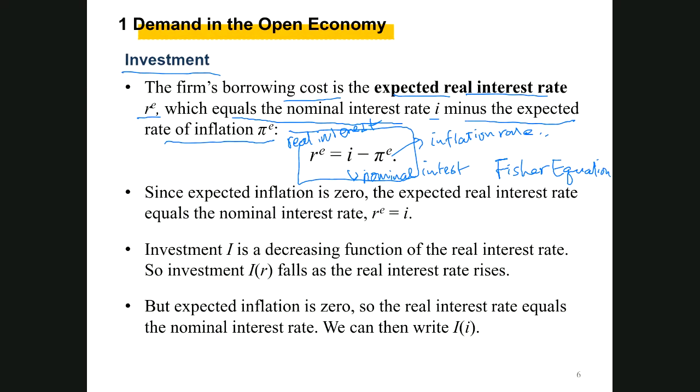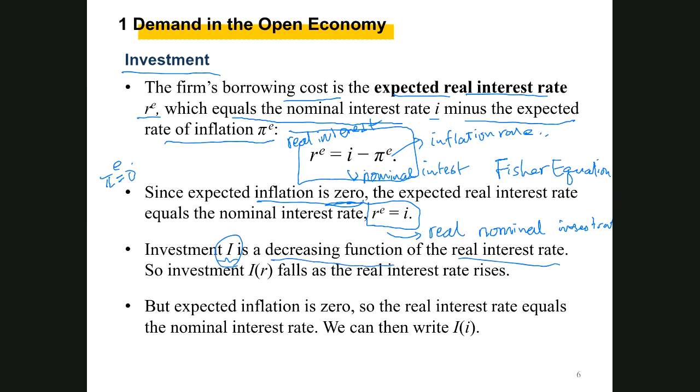Okay. So because we are in the short run, we believe that pi is equal to 0. So what does it mean? The real interest rate is equal to the nominal interest rate, right? And we know I, the investment, is a decreasing function of the real interest rate.